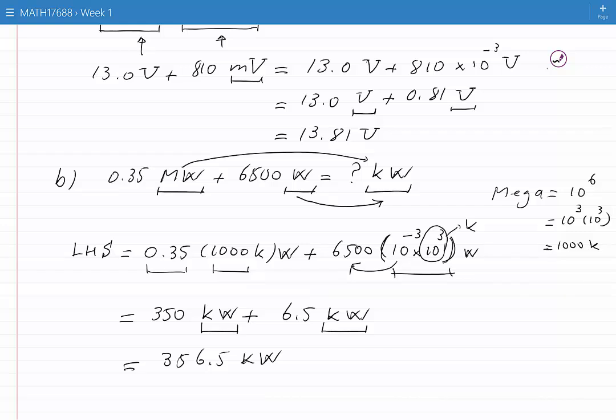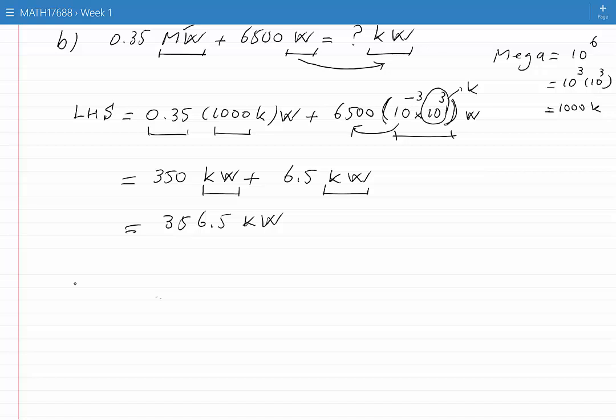Let's look at the third part of the question. 870 picofarads plus 0.002 microfarad. We want to have the final answer in picofarads.